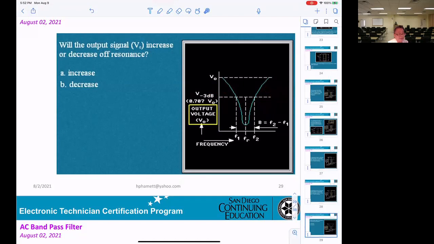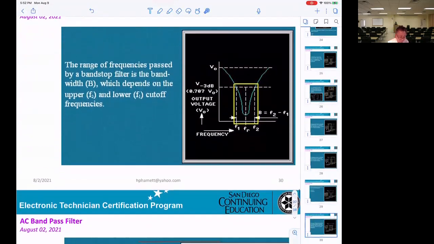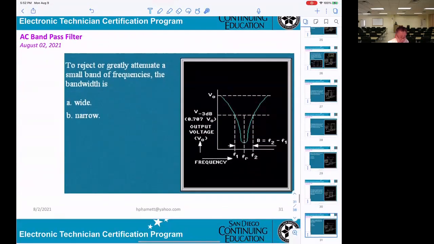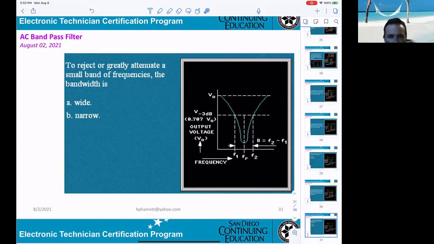That is a band stop filter. To reject or attenuate a small band of frequency, the bandwidth is B. B, correct, narrow.